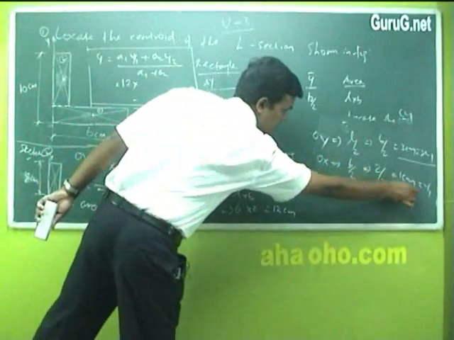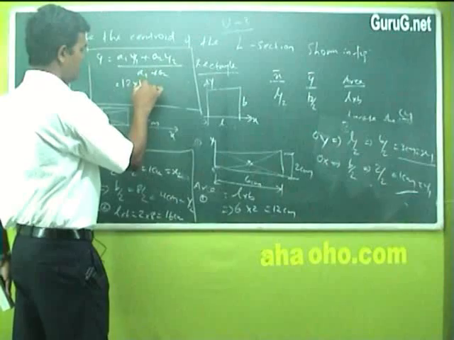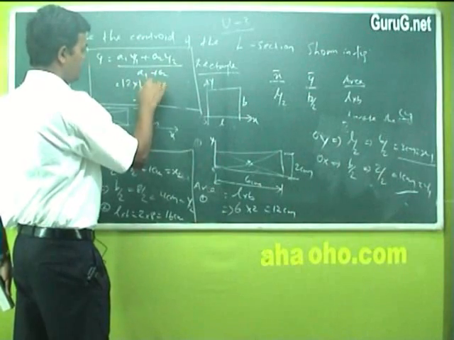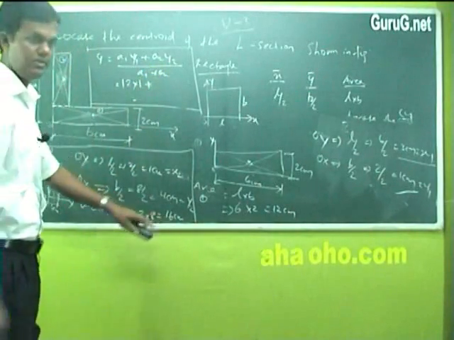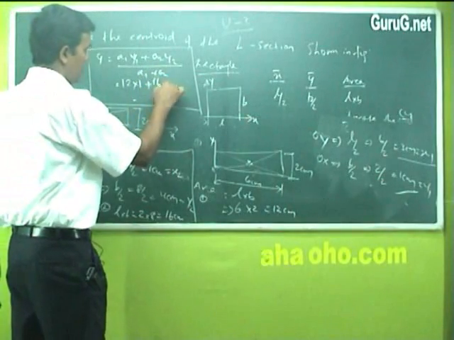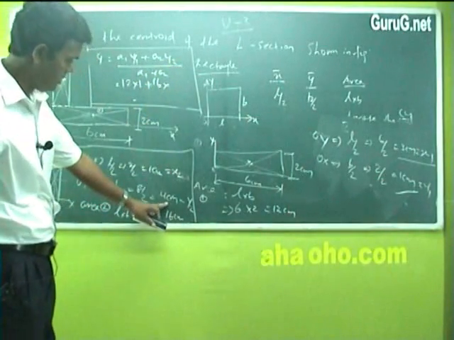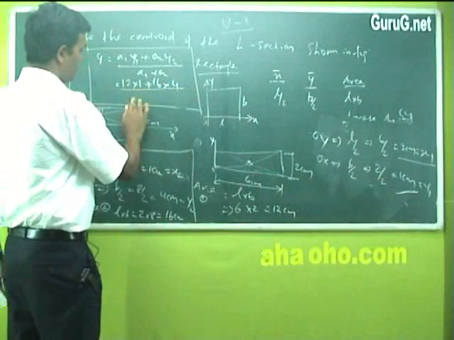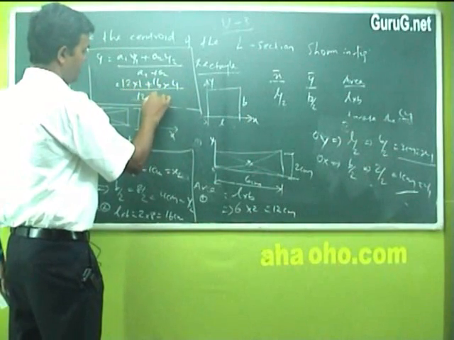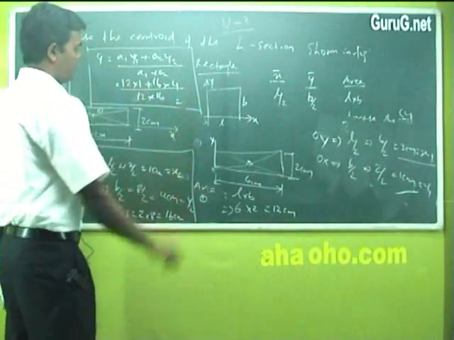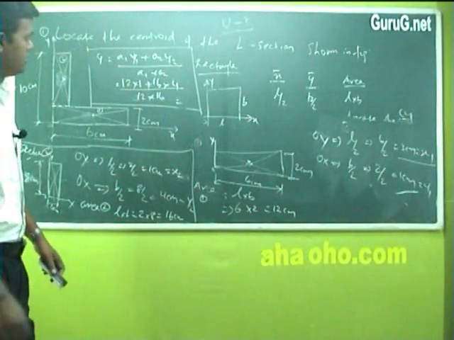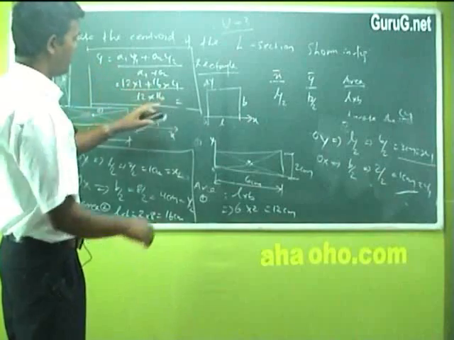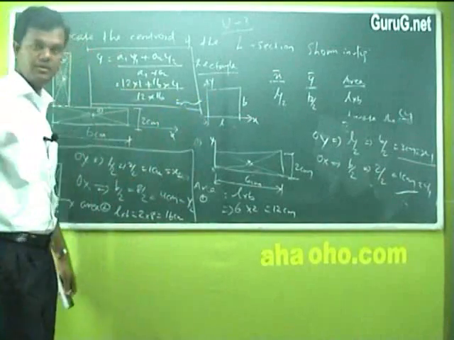Y1 is this, 1 centimeter, plus a2 here, 16 centimeter, into y2. Where is y2 here? 4 centimeter. Divided by a1 plus a2. This is common, 12 plus 16. This gives my y bar value. So my x bar and y bar I will find out in this fashion.